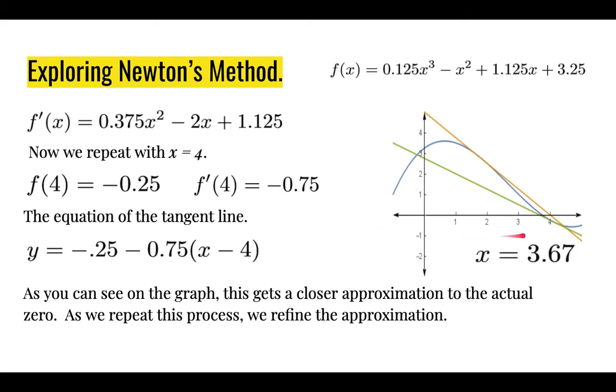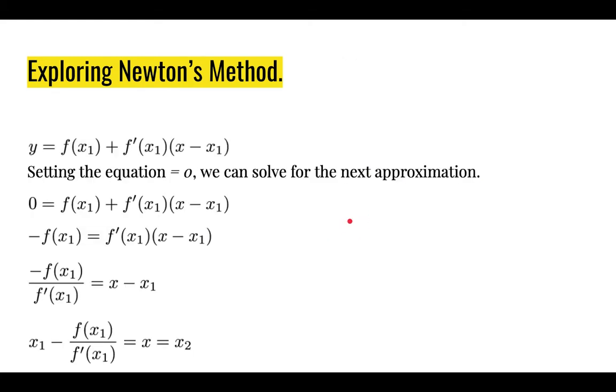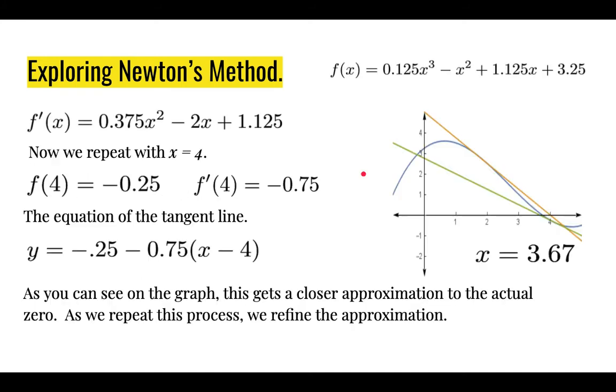That's going to give me an approximation of 3.67 if we set this equal to 0 and solve. Again, a linear equation, piece of cake to solve. Basically, that's the idea. We just keep doing this until we get close enough. So it's a very repetitive process, but it's not too hard if you can find the first derivative.